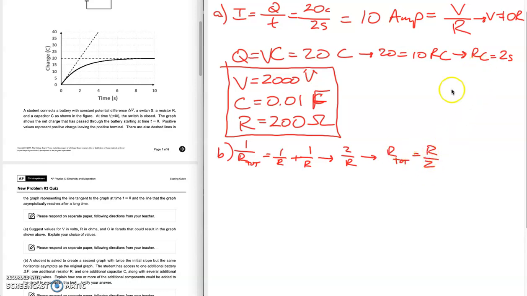Now we plug that into here, R over 2 will cut this into 1 second. And notice how there are no R's in Q equals VC. So messing with the resistance is not going to mess with the overall charge that we put onto the capacitor, so we will have the same horizontal asymptote. So we're going to need to add a resistor in parallel.